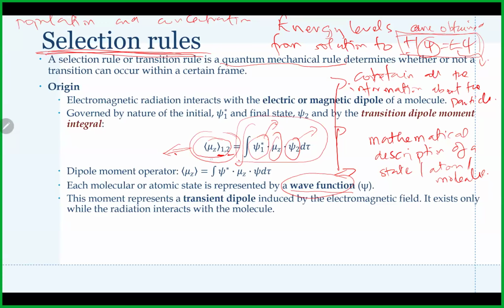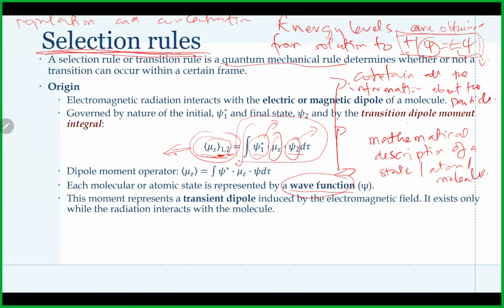The higher the value, the farther away it is from 0, the more intense the transition is. So let's recap what we are saying. A selection rule is a quantum mechanical rule that determines whether a transition will occur or not. Each molecular state is governed by its own wave function.